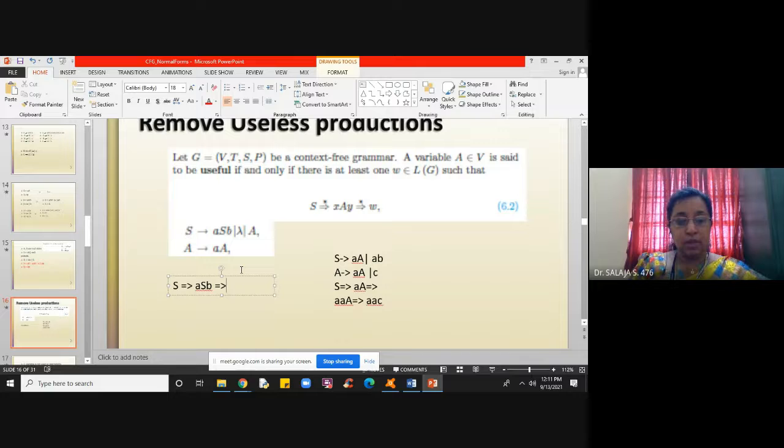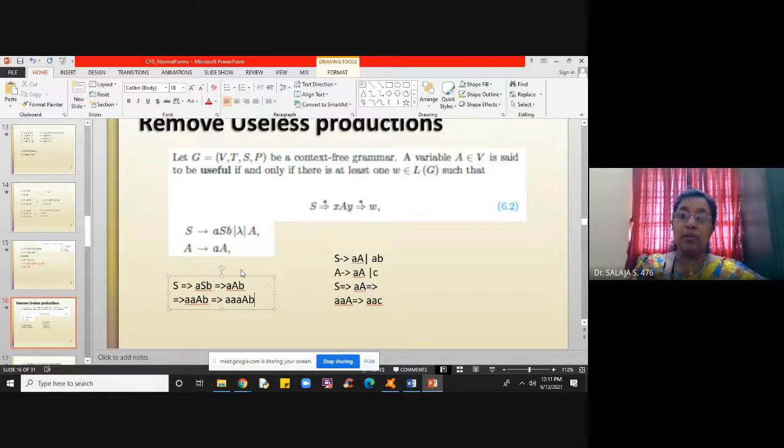Now when I substitute the second option, it becomes capital A and then a B. And then I have only one option for A. What happens? You replace capital A with AA. Next time you have only one option. Every variable has to be replaced. So variable has only one option. So you replace A with another A and B.